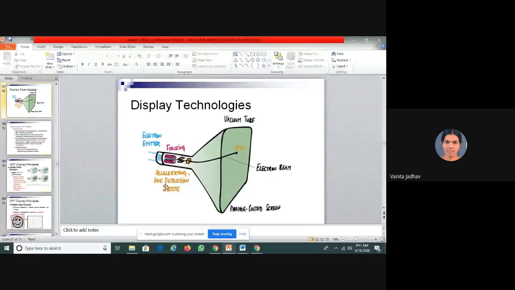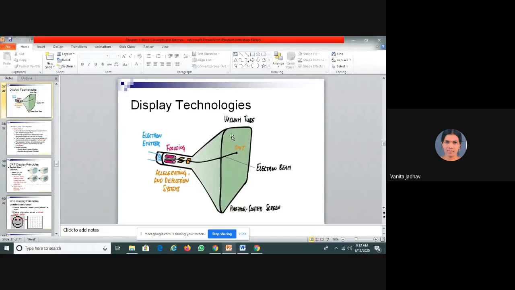The deflection system deflects the electron beam on the screen, and with the help of that the spot is generated. That spot is also called a pixel or point. It has its own x coordinate, y coordinate and its color, and it is generated on the phosphor coated screen. The speciality of phosphor is that it highlights the spot generated by the electron beam.